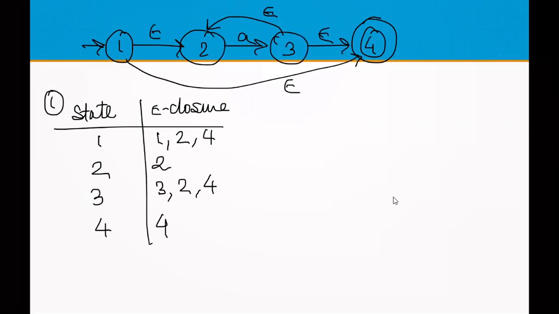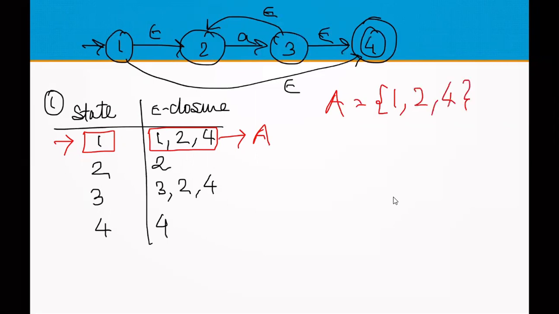Now, we have to take the epsilon closure of the start state of the NFA. So the start state of the NFA is this one. So we take the epsilon closure of this. Let us call it the set A. Now this set A would be the start state of our DFA. So our A is the set 1, 2, and 4.